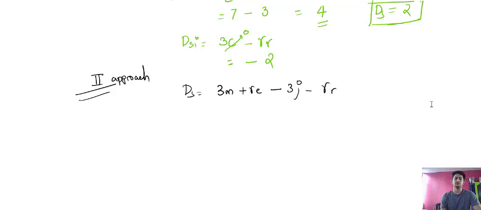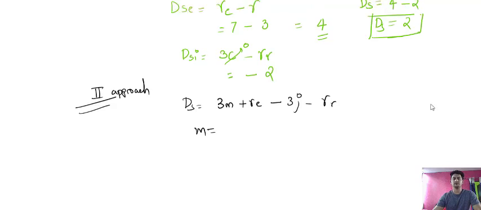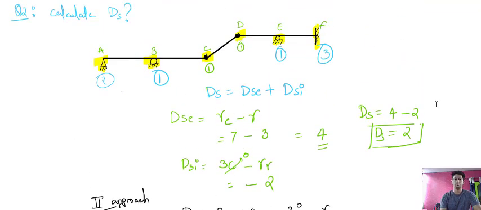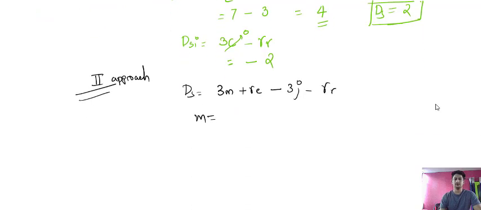So this was the direct formula for calculating the static indeterminacy. First of all, calculate the number of members. The number of members will be 1, 2, 3, 4, 5. So the number of members is 5. The value of m is 5.